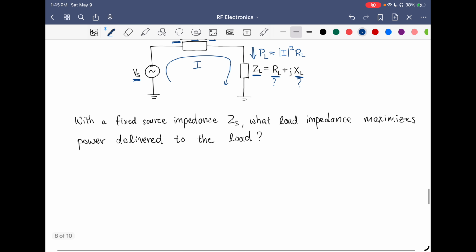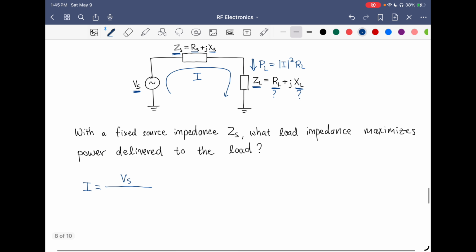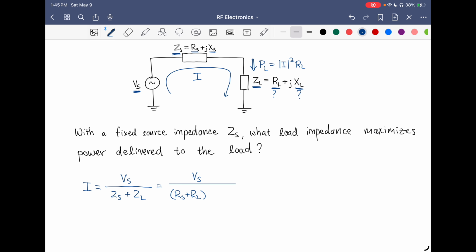So to find this current phasor's RMS value, I, this equals Vs over the total impedance Z total. And Z total is given by the series combination of the source impedance Zs and the load impedance ZL. So we know that the series combination can be expressed as just adding the real parts together, Rs plus RL, and the imaginary parts together, XS plus XL.